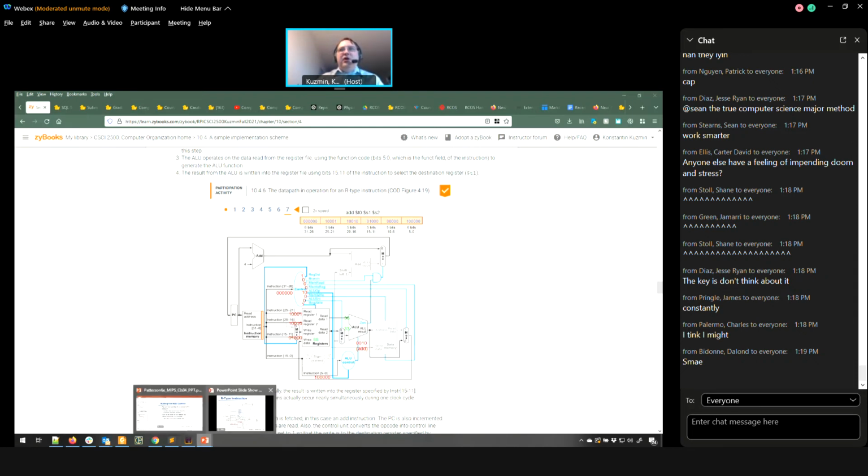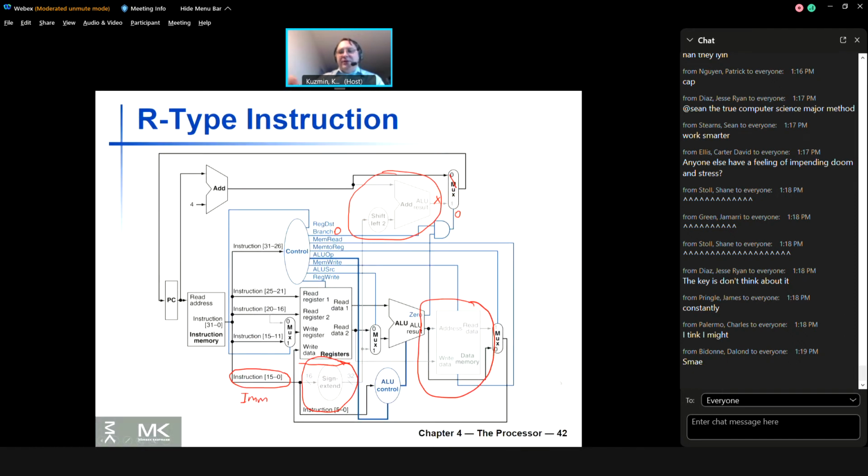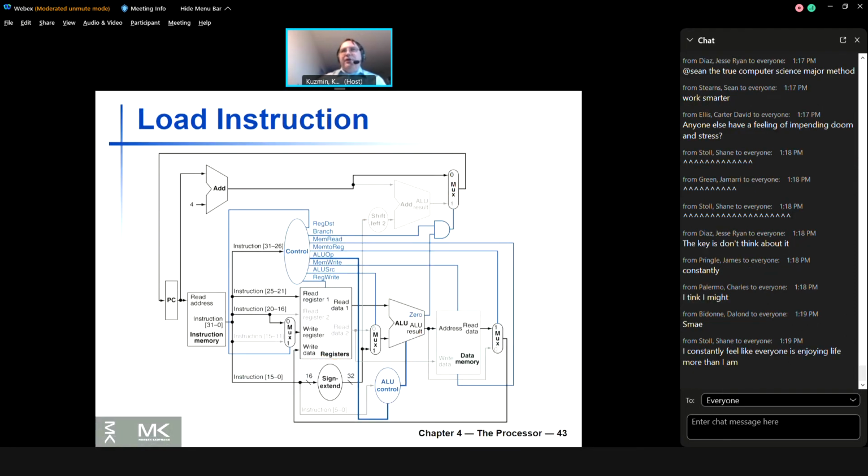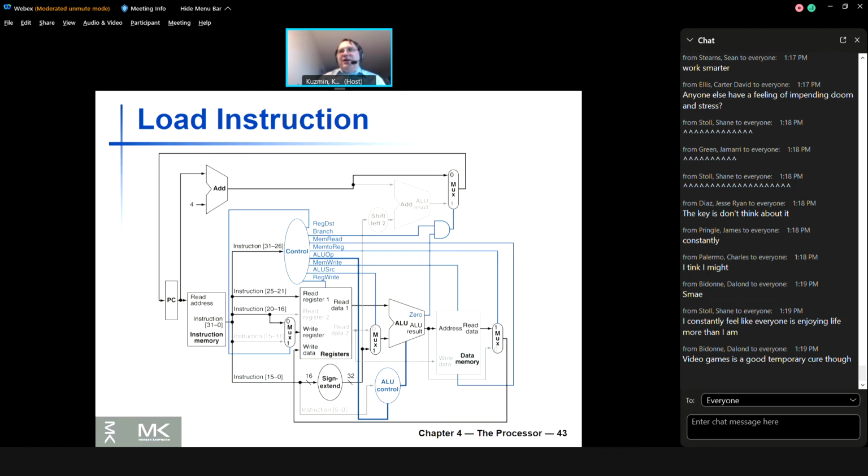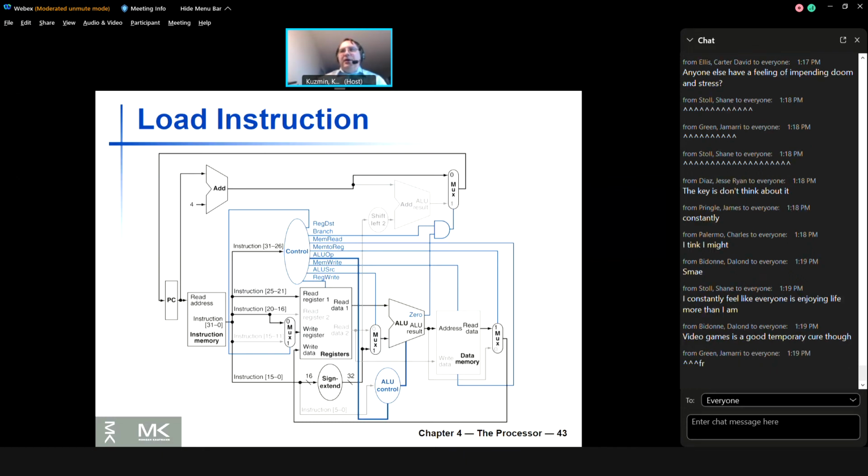All right, so we are done with R-type instruction, and Zybooks have those animated diagrams for all other types of instructions. We don't have time to go through them in that much detail, but if you're using Zybooks, of course you can play with it as long as you would like. We're just going to proceed with our static slides.